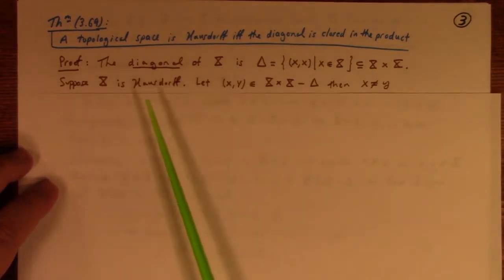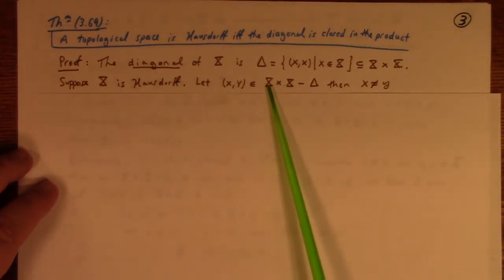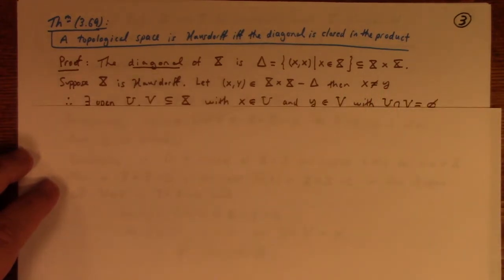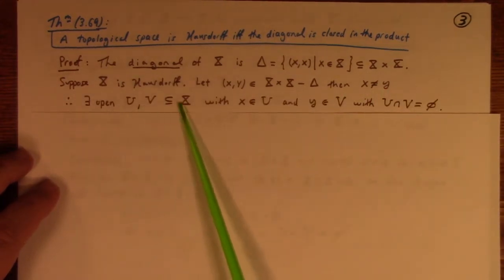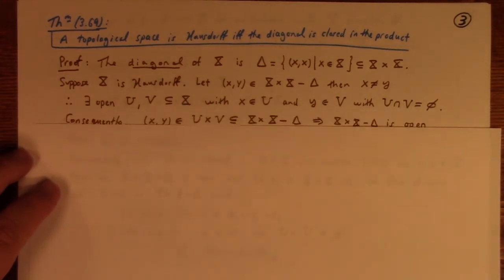Now suppose X is Hausdorff. Let (x, y) be in the complement of the diagonal in X cross X. That is to say that x is not equal to y. And so there exist open U and V with x in U and y in V, and U and V are disjoint.